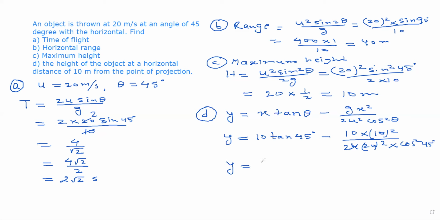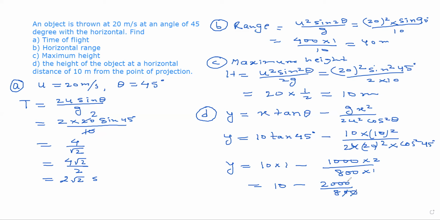So let us solve this. Y is equal to tan 45 degree is 1, minus 10 into 10 square, it will be equal to 1000, by 2 into 400, it will be 800, and cos square 45 degree will be equal to 1 by 2, so 2 goes to the numerator. So this is 10 minus 2000 by 800.